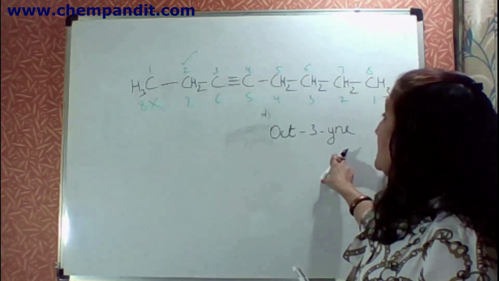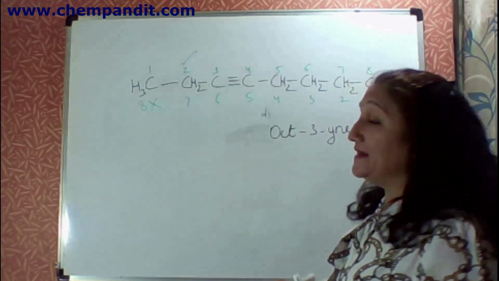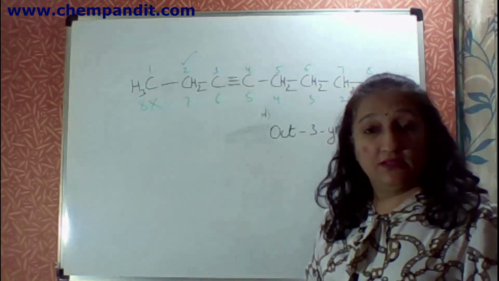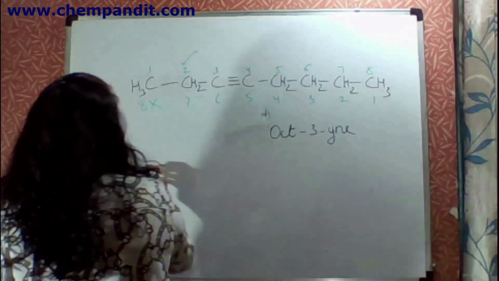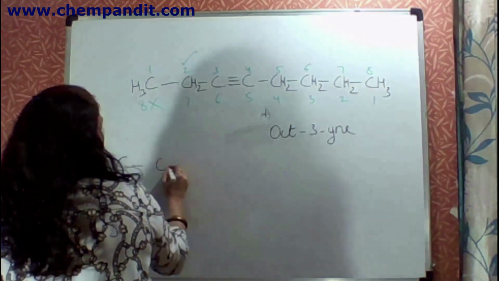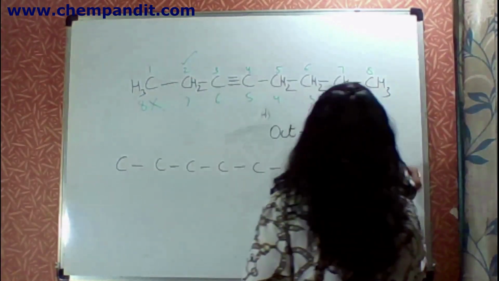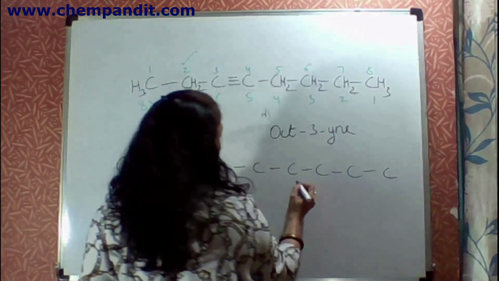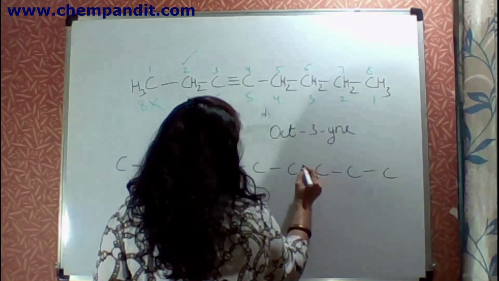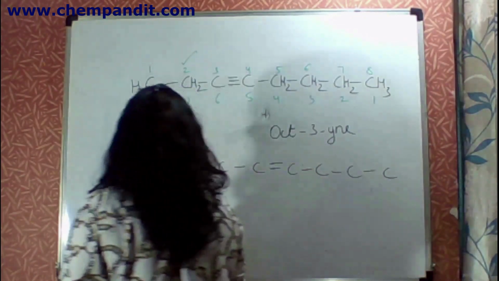Clear? Now suppose a compound has multiple double or triple bonds. Then how will you number it or how will you name it? Let's take one more example. Suppose there is a compound like this, and suppose there is a double bond over here and a double bond over here.